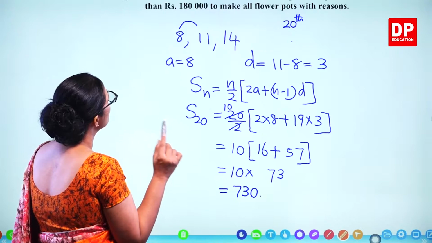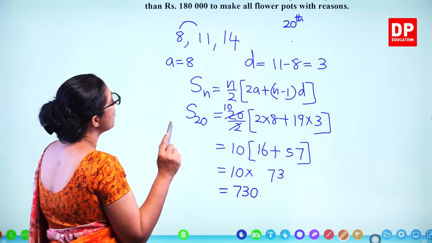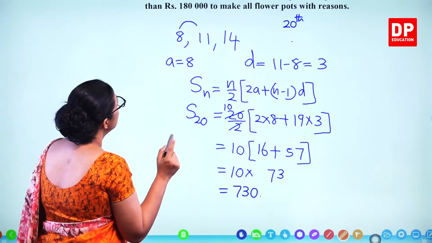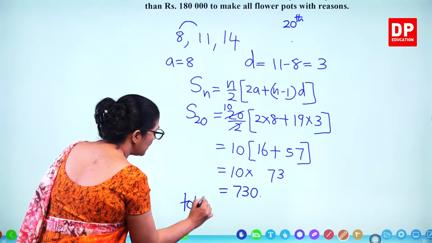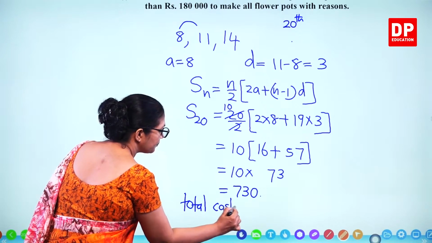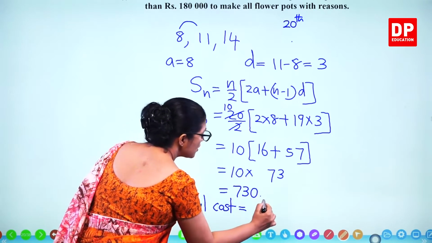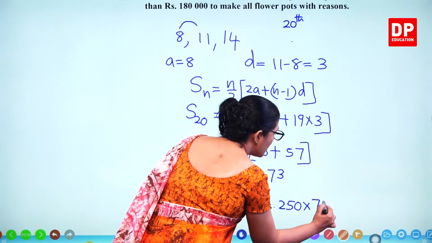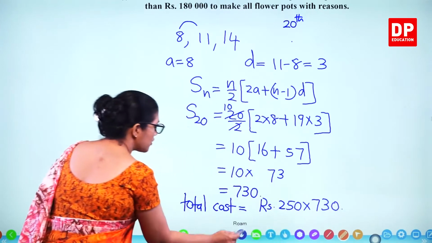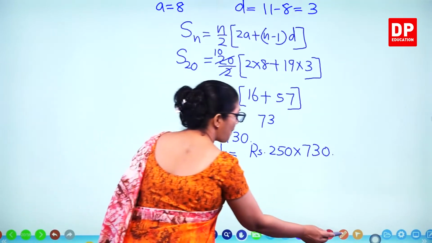So what's the total amount? So show that the owner of the flower shop has to spend more than 180,000. So total cost, 1 pot 250 rupees, and for 730 pots we have to find out, multiply.